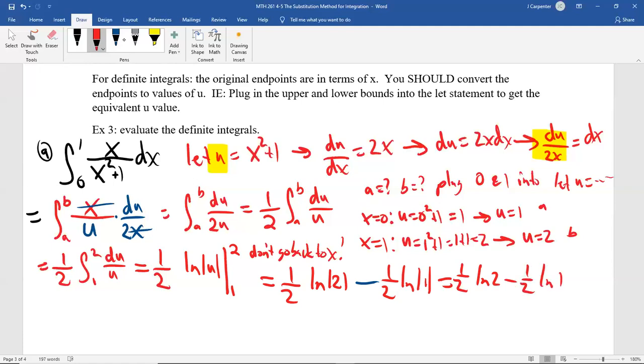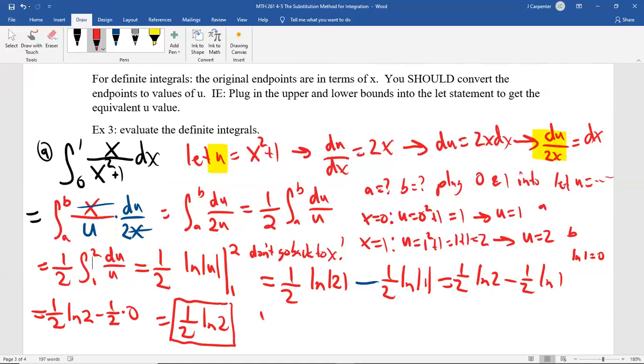Please remember that the natural log of 1 is 0. You are supposed to have that memorized. The natural log of 1 is 0. So this is equal to 1/2 the natural log of 2 minus 1/2 times 0, which is just 1/2 natural log of 2.